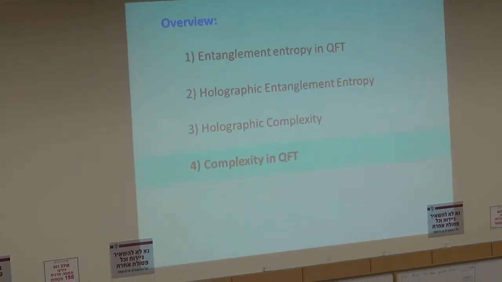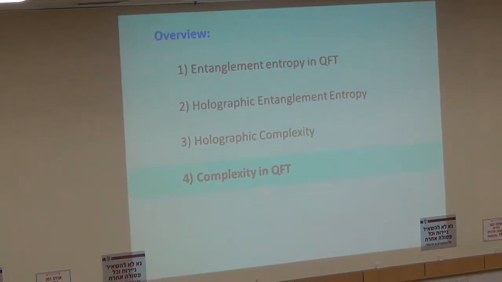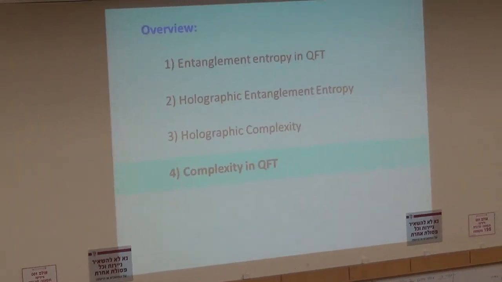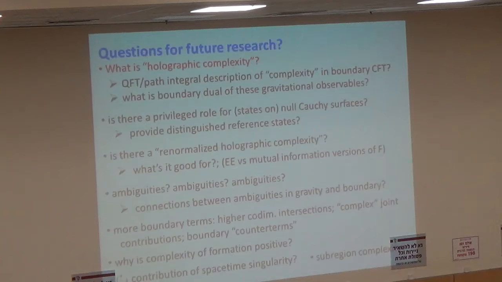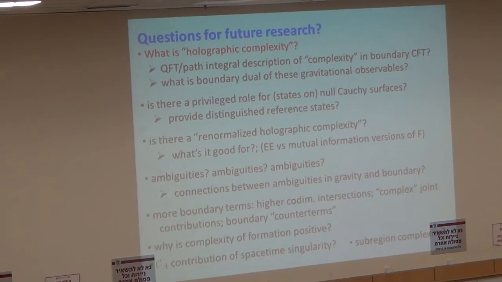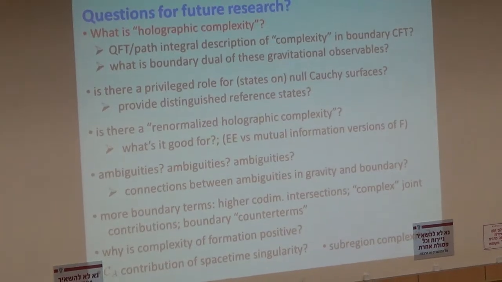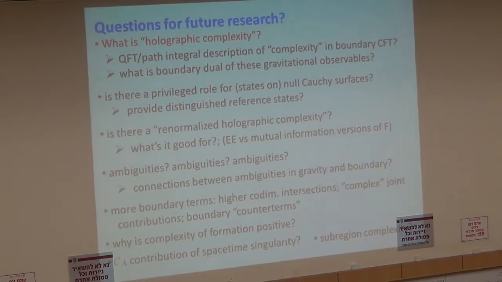So I introduced the idea of holographic complexity last day, and I want to continue on the complexity theme. Last day I talked about these two new gravitational observables, and they're interesting in their own right, but the suggestion is that they satisfy various properties that are in line with our expectations about complexity.